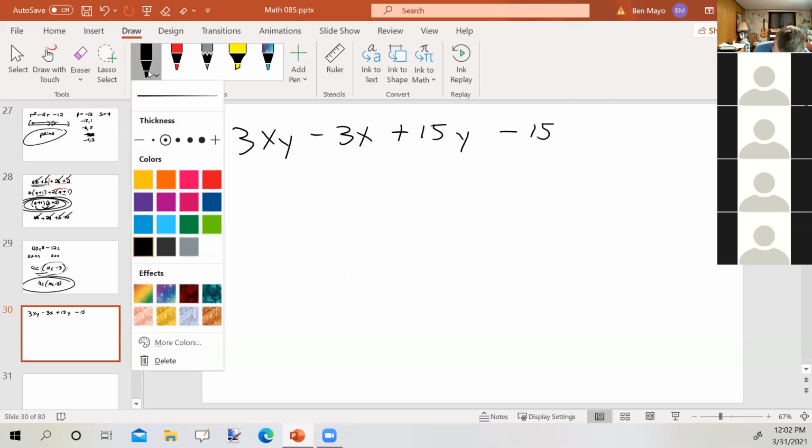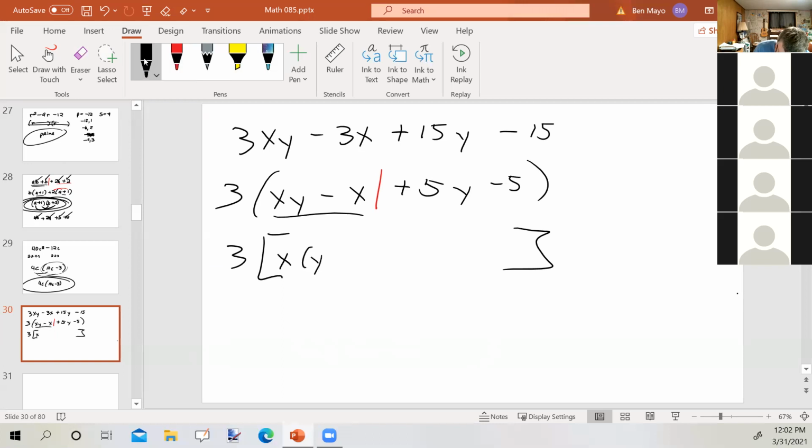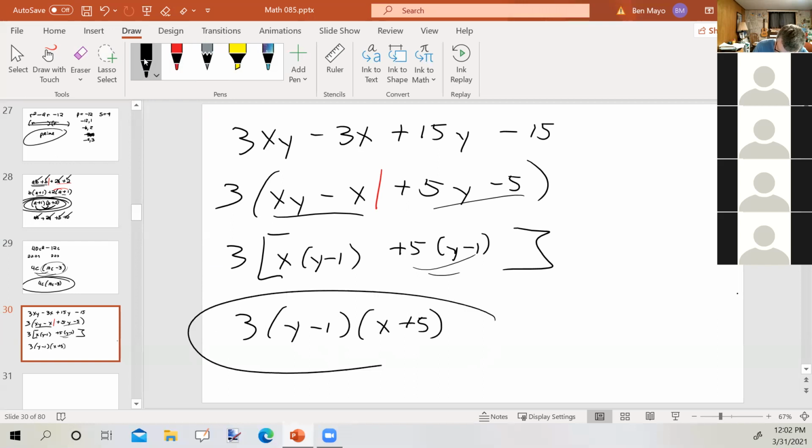So we'll take out a 3, which gives us xy minus x plus 5y minus 5. Now I'm going to use factoring by grouping. So I'm going to switch this over to brackets, and I'm going to get x times y minus 1. So over here, I'm going to have a y minus 1 and a plus 5 outside, and that gives me what I need here. So I've got 3 times the quantity y minus 1 times the quantity x plus 5. And there you go.